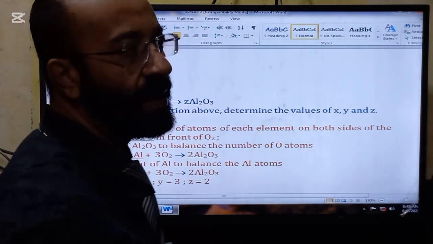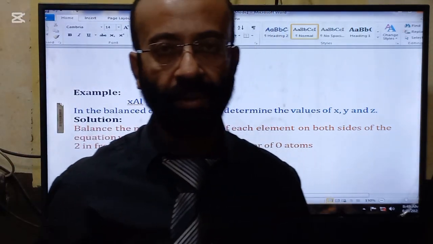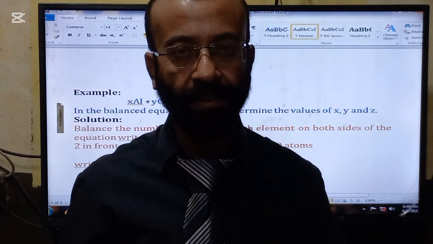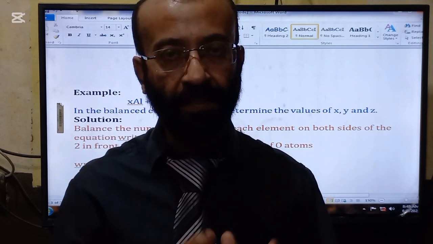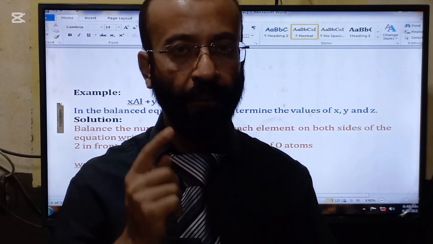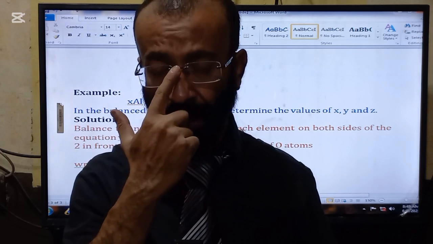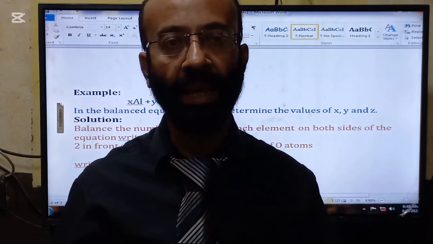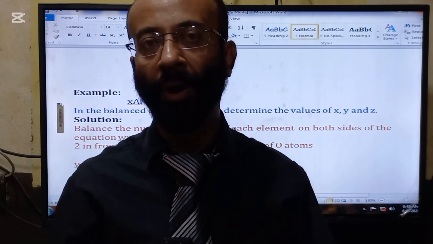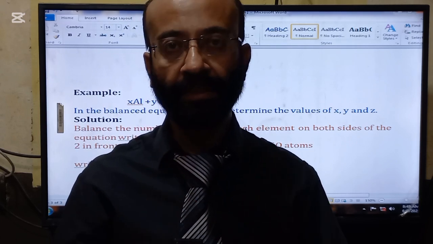So students, this is the lecture of writing the chemical equation. This is actually a 4-step process. I repeat the steps again. First step will be write the word equation of the reaction. Second step will be write the formulas of the word equation.